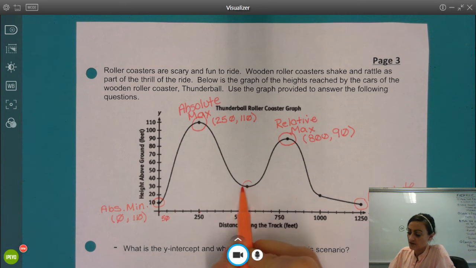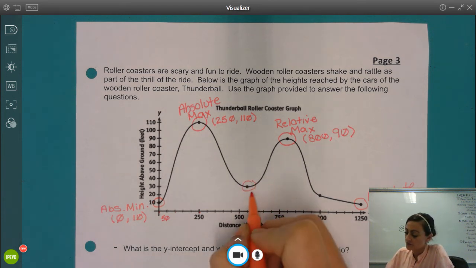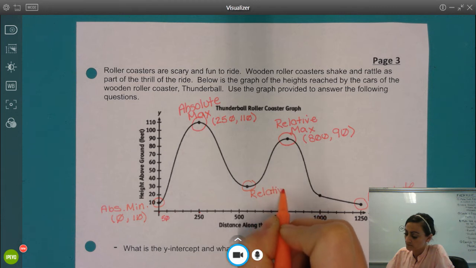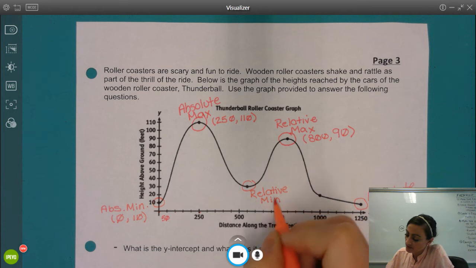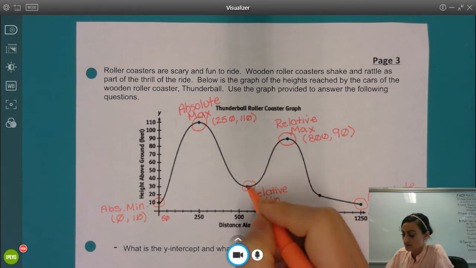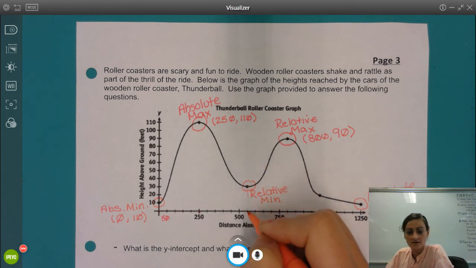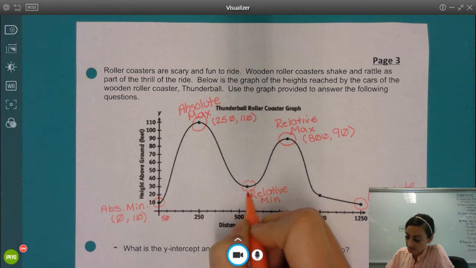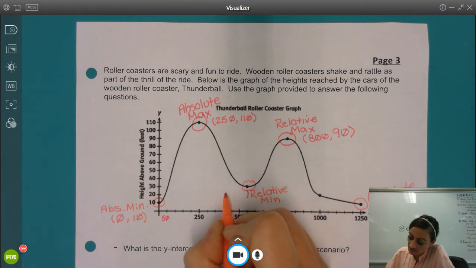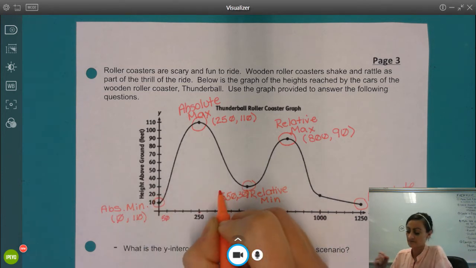So this will be our only relative minimum. And that coordinate is, I am 1 tick mark over, so this is 550 and 30.